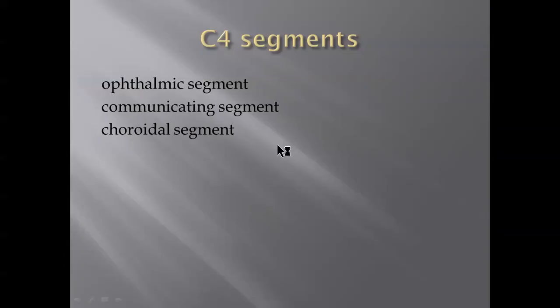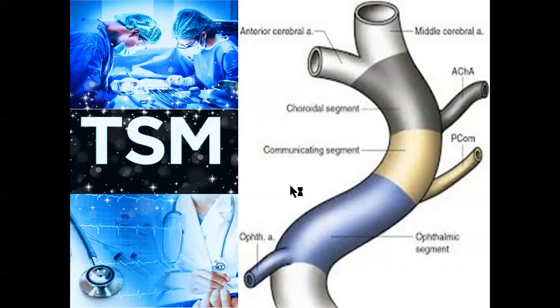C4 segments, as I already talked about, have the ophthalmic segment because of the origin of the ophthalmic artery, the communicating segment because of the origin of the posterior communicating artery, and the choroidal segment because the anterior choroidal artery arises in this segment. Image representing the supraclinoid segment.